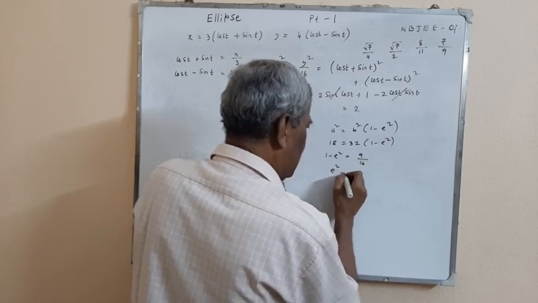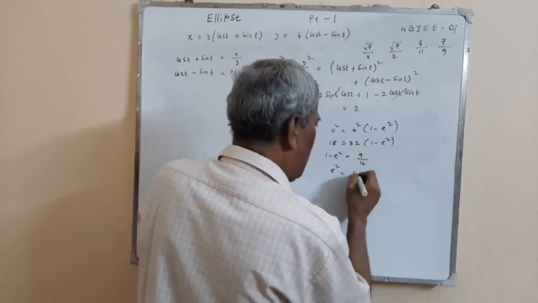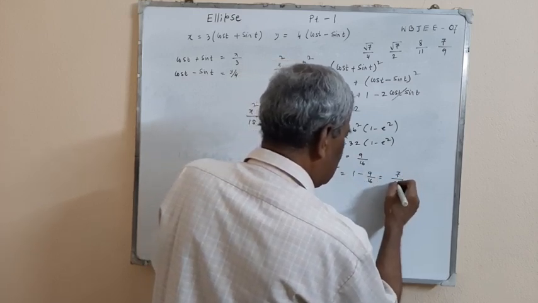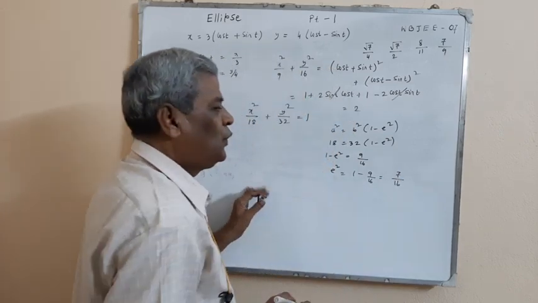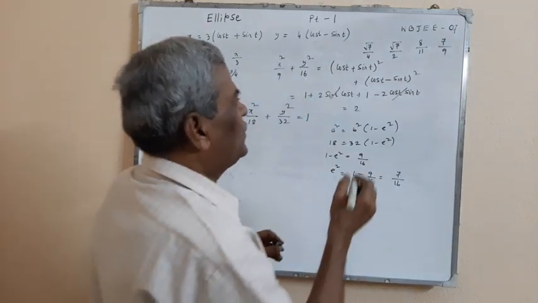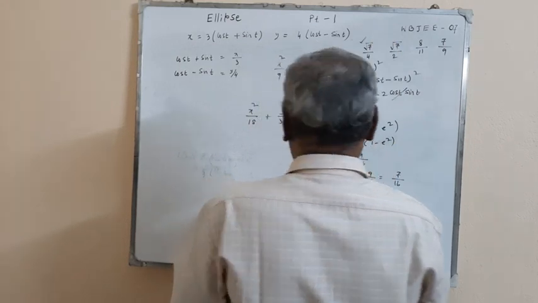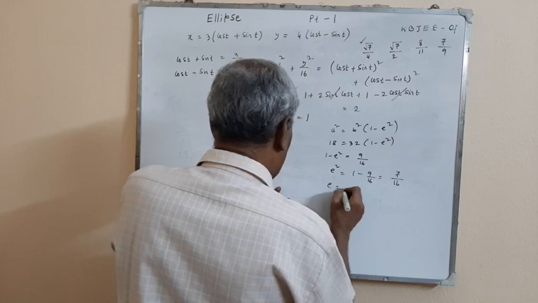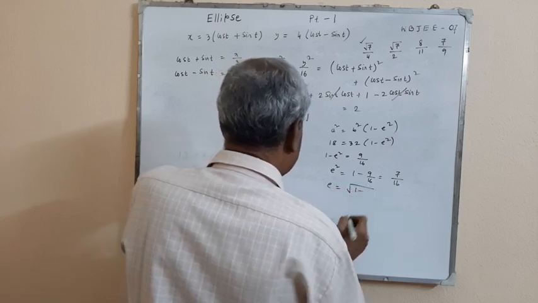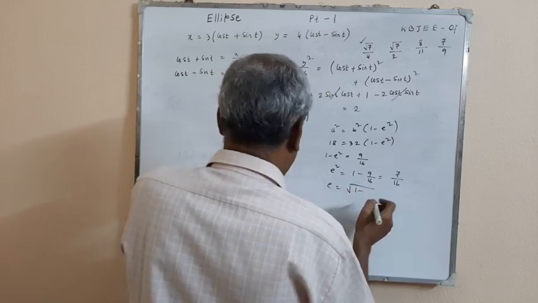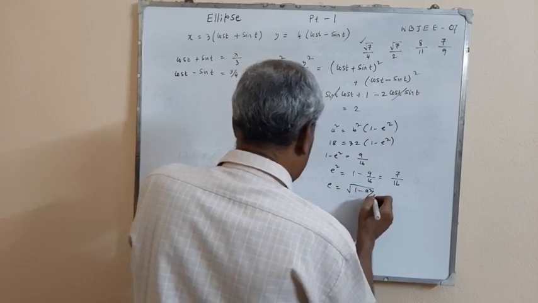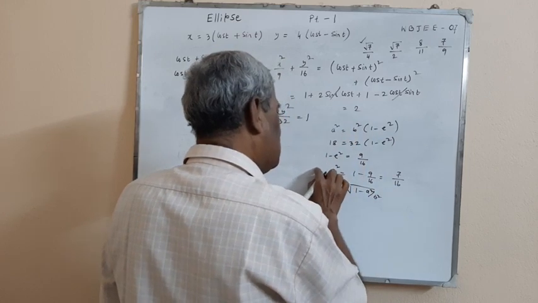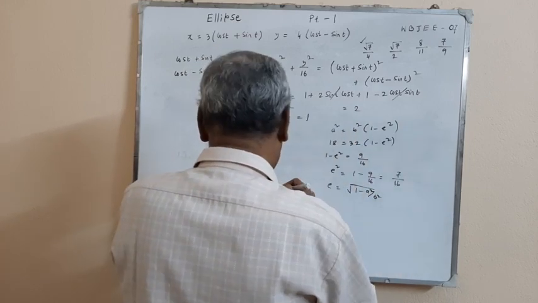That is, e square is equal to 1 minus 9 by 16, that is 7 by 16. e is equal to root 7 by 4. So our first option is correct. And actually the formula was e is equal to root over of 1 minus a square by b square. Using that one, very easily you can obtain that without the unnecessary 3 or 4 lines.